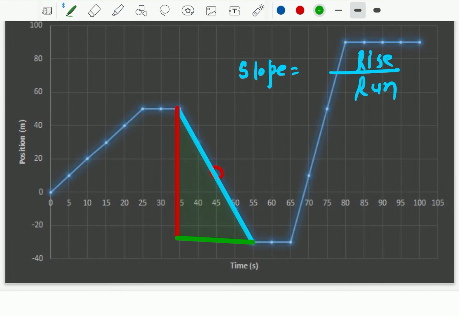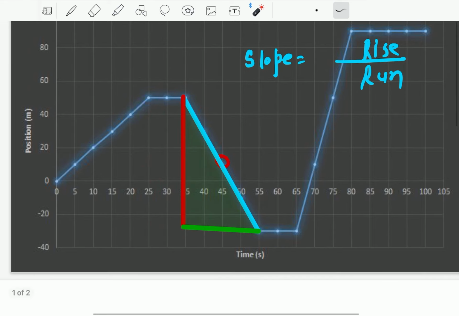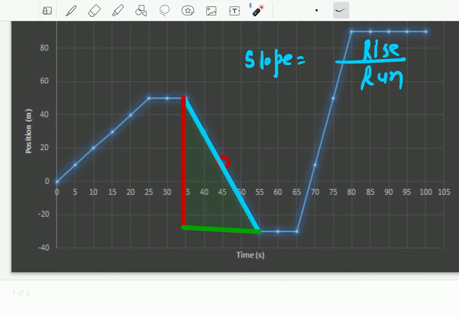Okay, so all I have to find out is this length and this length here. For the rise, you can clearly see this point corresponds to 50, and this point corresponds to negative 30. So the total length of this line would be 80, because this is 50 and this is 30, and if I add them together, the total length would be 80.